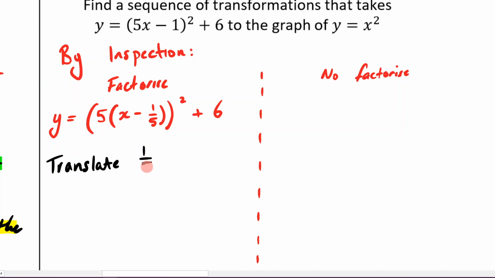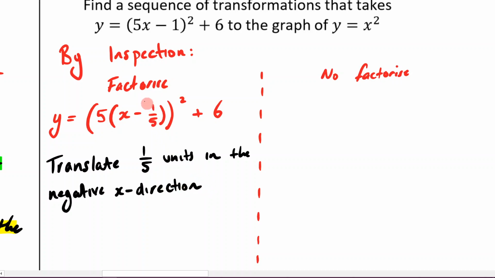So translate 1 on 5 units in the negative x direction. So I'm doing the opposite to what I see there, just as we did in the previous example. That means I'm plussing 1 on 5 here to get rid of that. And remember, do all your translations at once.